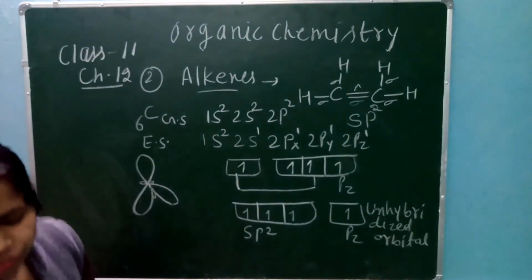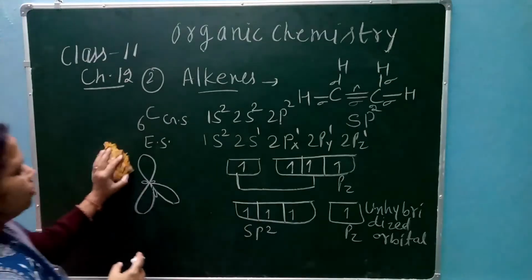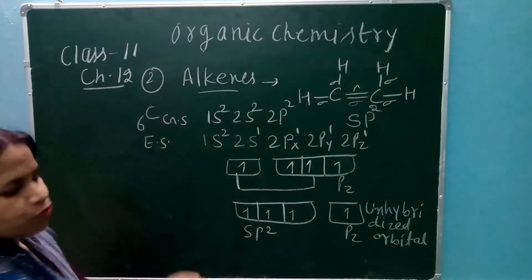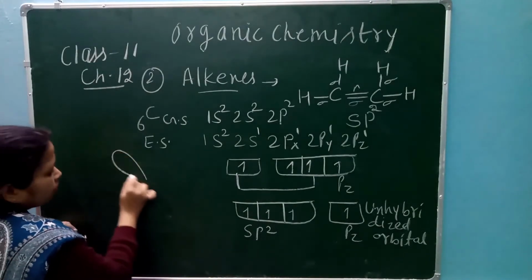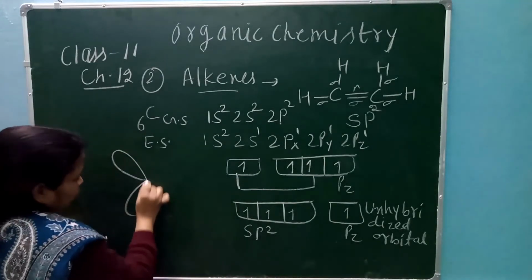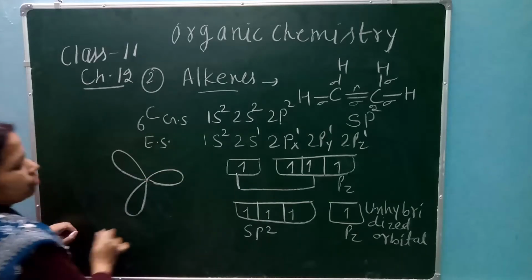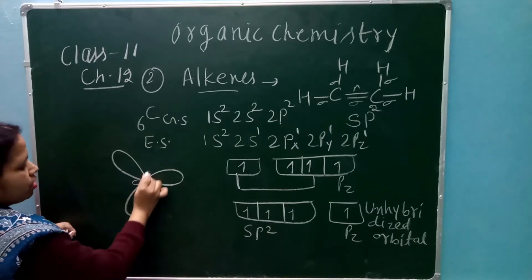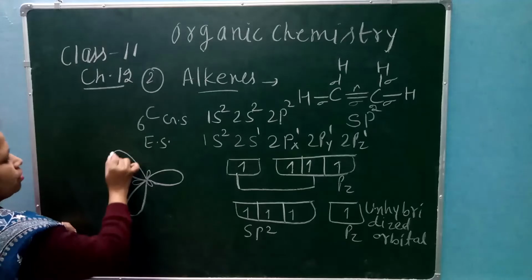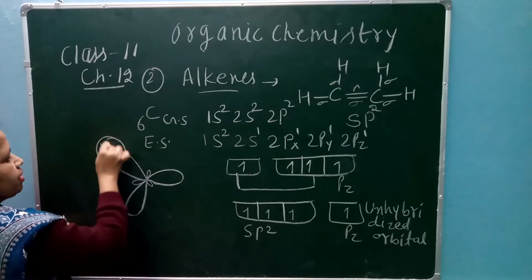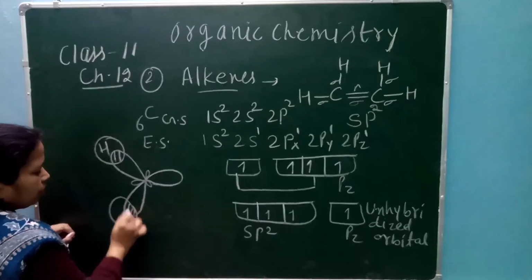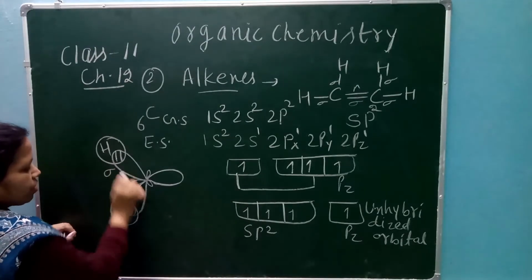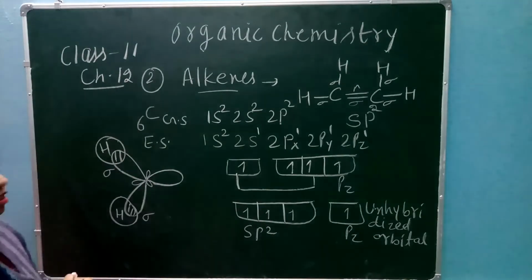So clear, sp2. Now how to form the alkene? Take an example of alkene. So one sp2 overlapping: 1, 2, 3. Hydrogen overlapping here, hydrogen overlapping here. They form a sigma bond. Clear.